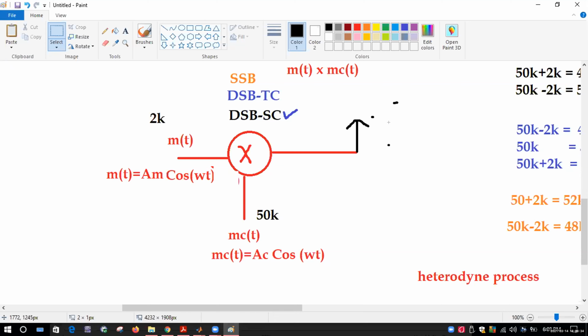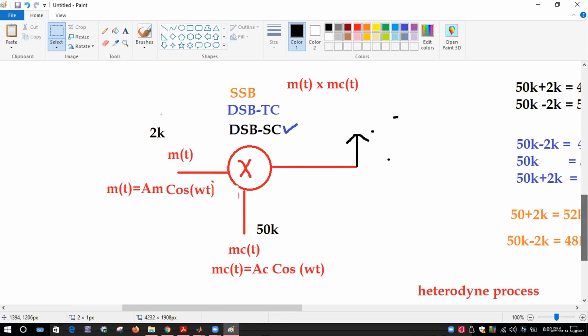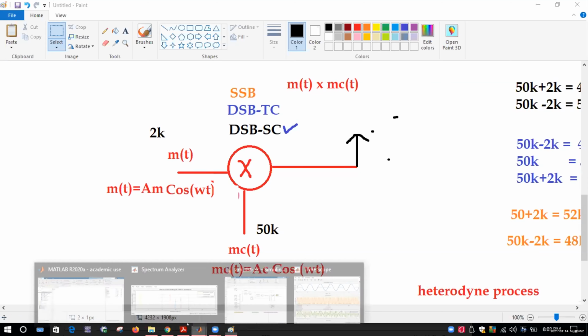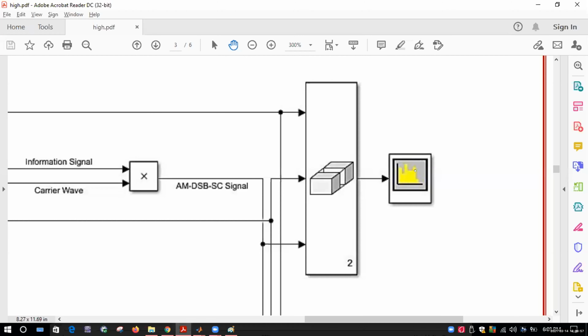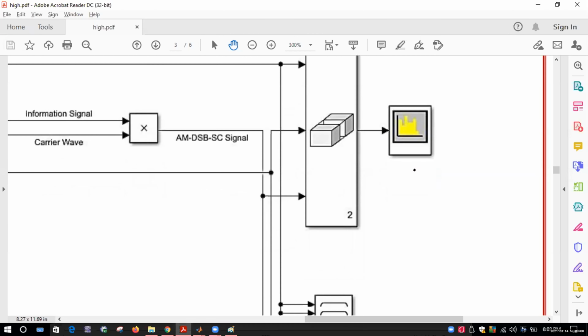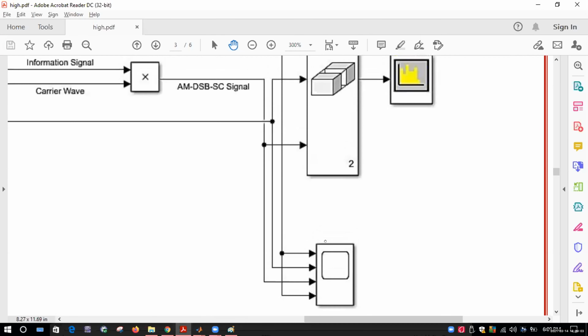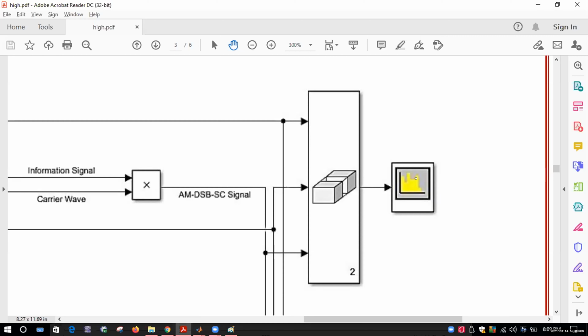Or a voltmeter. Yes. Similarly, if you are mixing two frequencies, how do you measure the output? We need some instrument that will help us to see what is at the output. And for that, we use a scope for looking at the signals in time domain, and we use a spectrum analyzer.